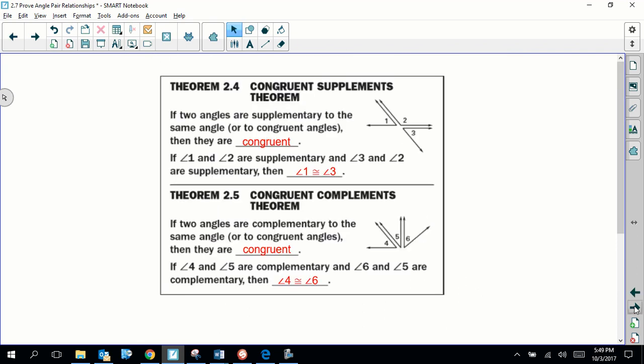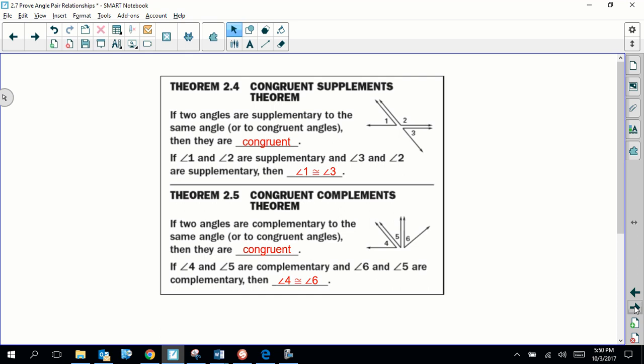Moving on, we have a couple of new theorems, and these are something that I would say is a proper theorem. It's a statement that is true, but I can't just accept it without having somebody explain to me why it's true. And we will be able to prove these things using two-column proofs here.